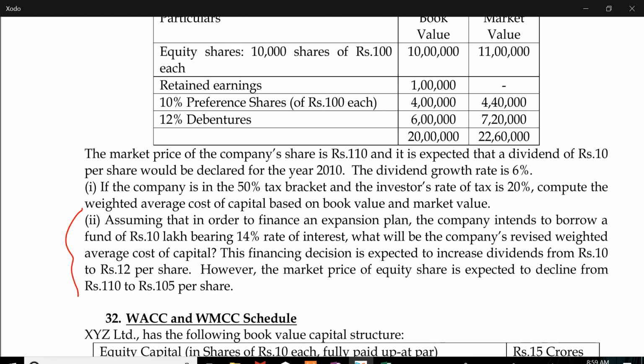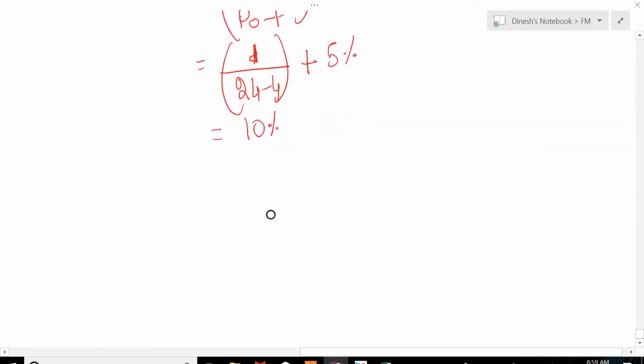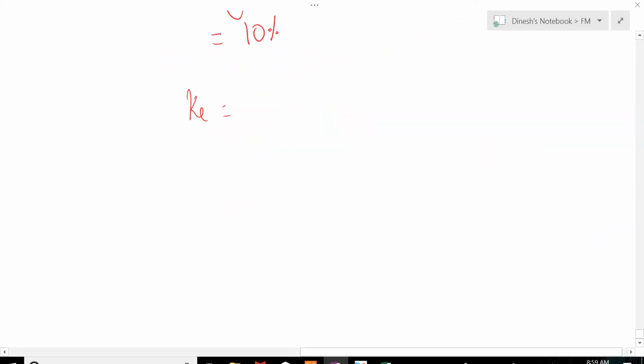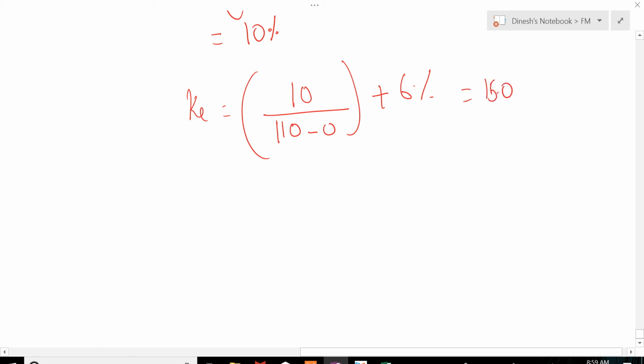So write KE equal to, what is the D1? 10. P naught, any flotation cost, growth rate... 15.09%.